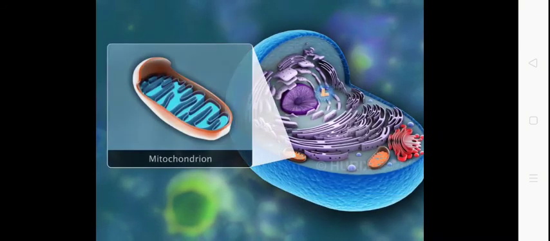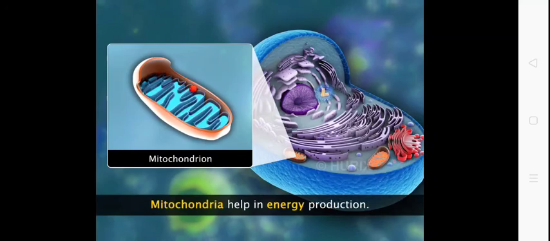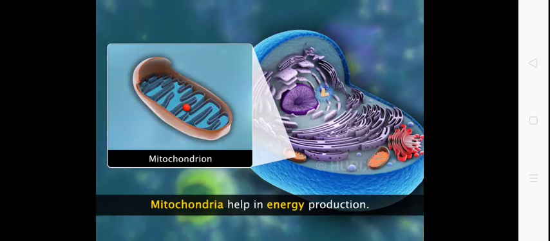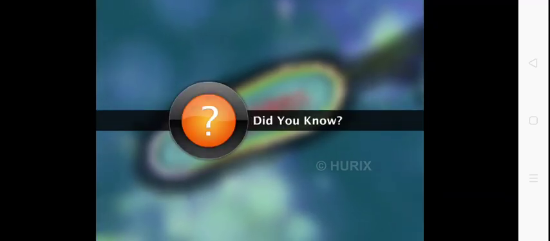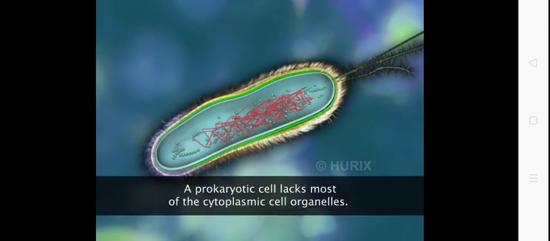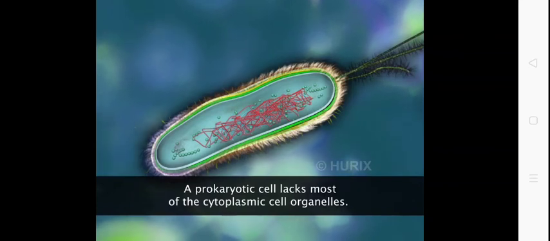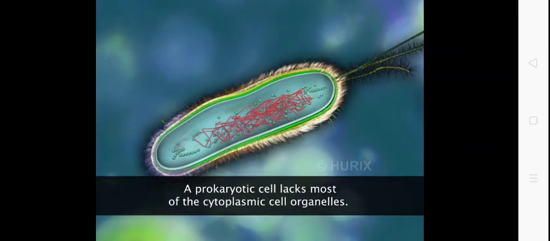For example, mitochondria are the cell organelles that help in the breaking down of food to release energy. The cytoplasm of a prokaryotic bacterial cell lacks most of the organelles.